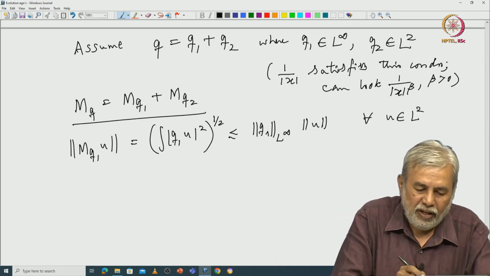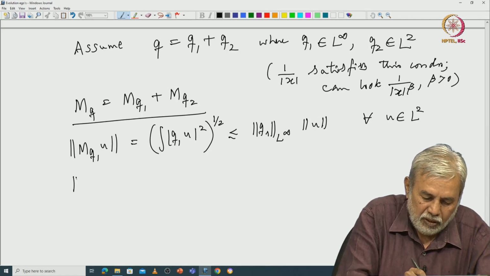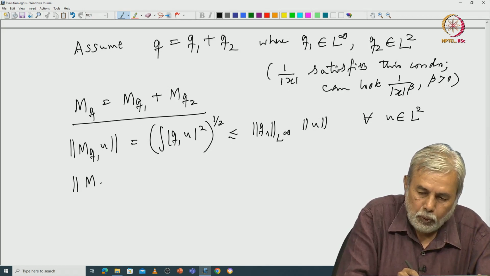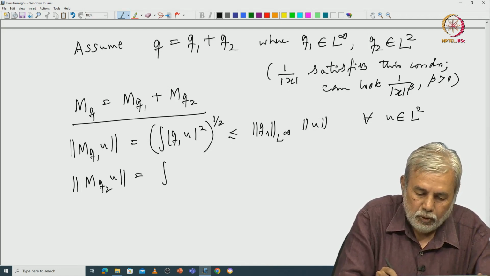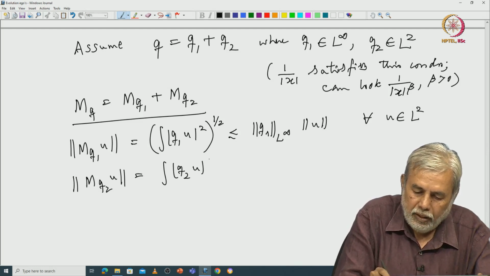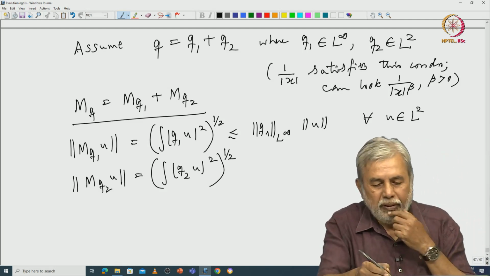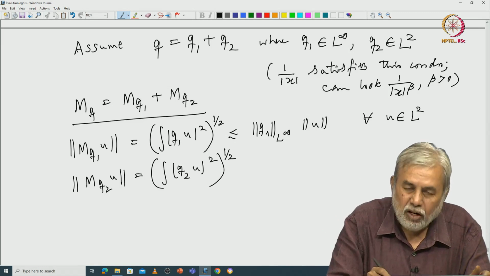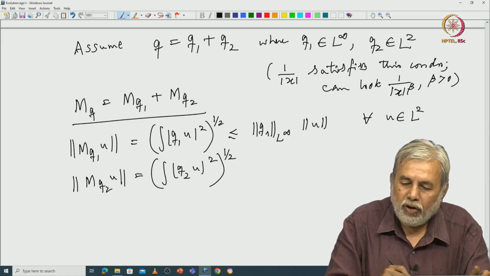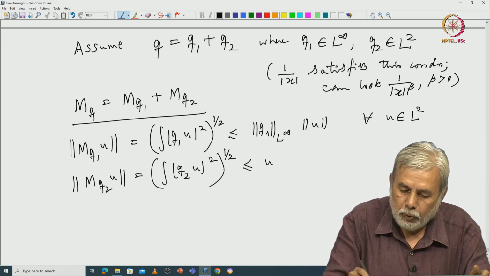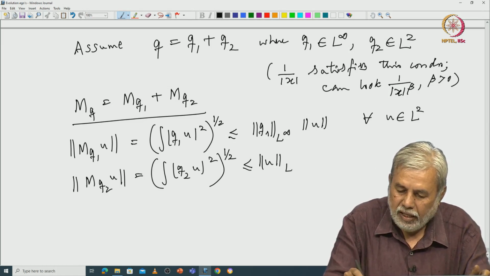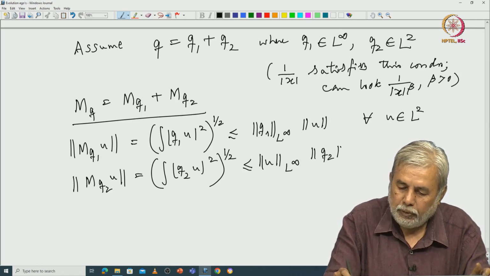And for the other part, MQ2, again the L2 norm. Let me write that. So, q2 u square to the half, and here I want to use the L infinity norm for u and the L2 norm for q. So, this is u L infinity times q2 L2 norm.